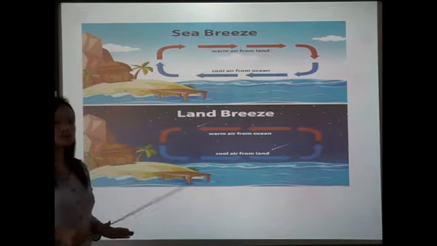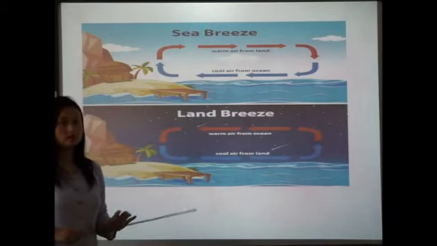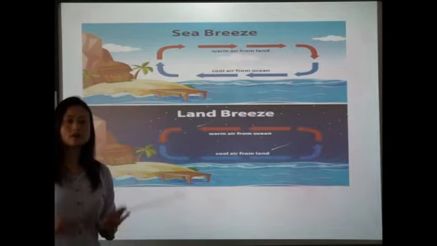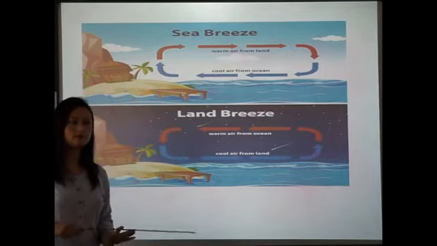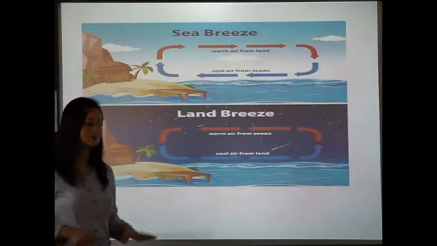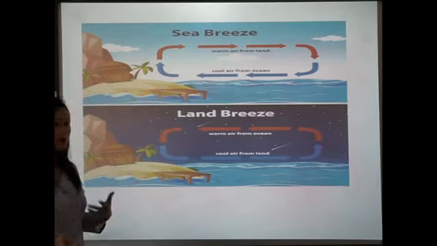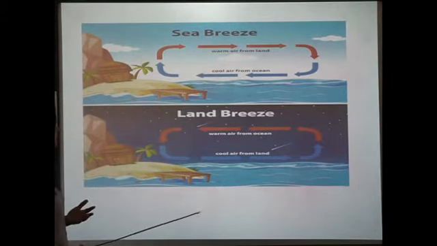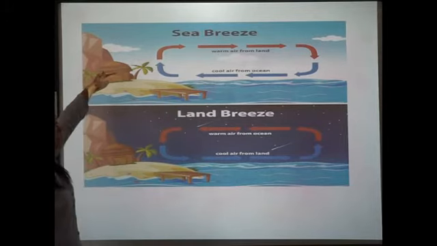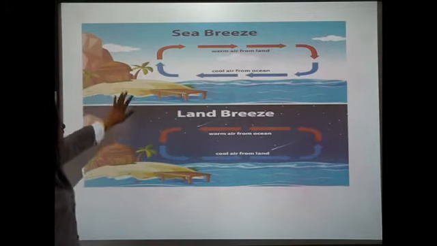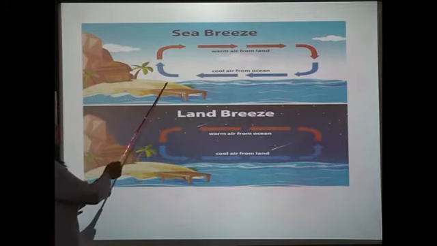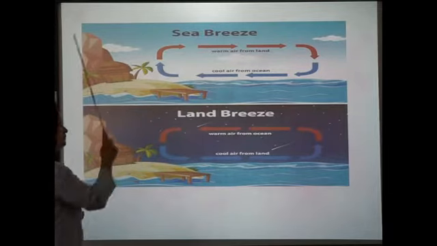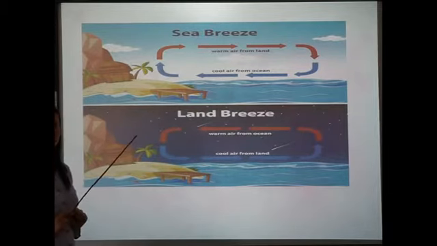Now, the most important phenomenon of convection is land breeze and sea breeze, which I'm sure you have learned in geography already, but here is just a revision. So what happens during land breeze and sea breeze? Sea breeze takes place during the daytime. When we compare land and sea, which gets heated faster?